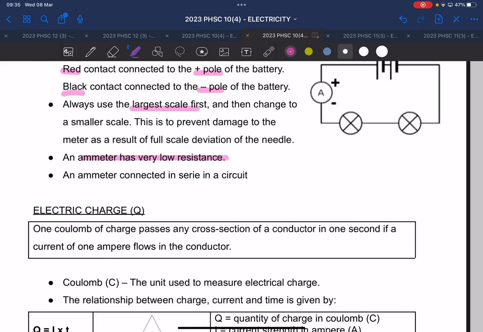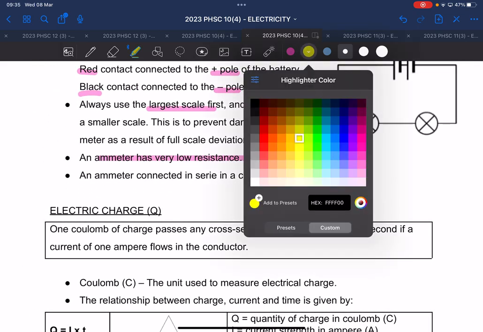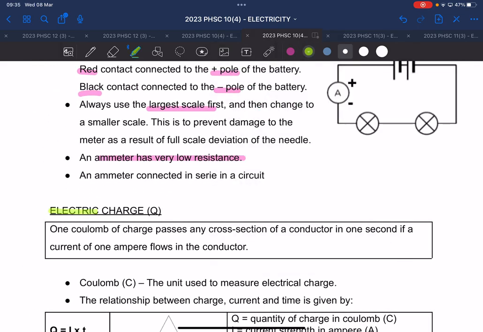Okay. Then we have electrical charge, Q. Now the definition here is not the definition of electrical charge. The definition here is the definition of 1 coulomb. So they can ask, what is 1 coulomb of charge?